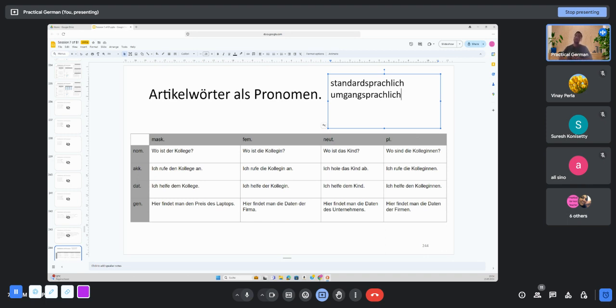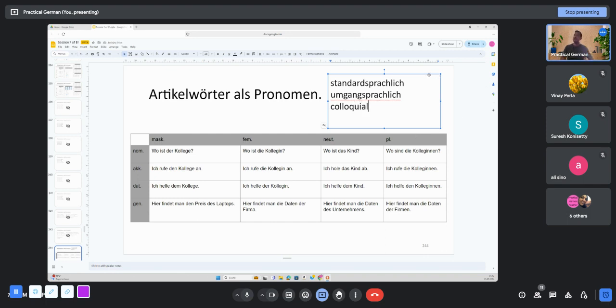But Umgangssprachlich is how people talk amongst each other, where over the years, in every language, some rules get broken here and there. So Standardsprachlich is the standard way of talking, Umgangssprachlich is the colloquial way.